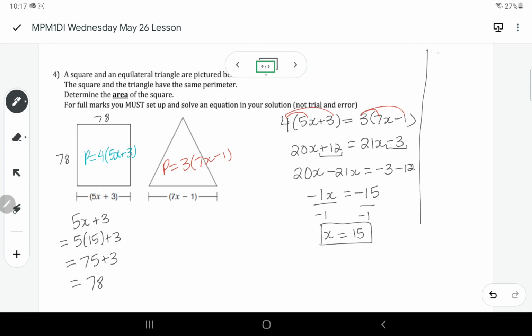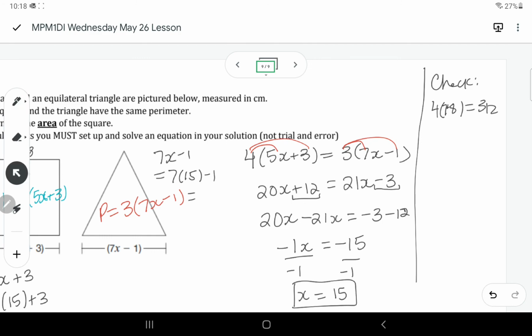I can double check my perimeter too, right? And make sure I got the right answer there. So 4 times 78 equals 312. And I could figure out what this one is. The 7x minus 1 would have been 7 times 15 minus 1.